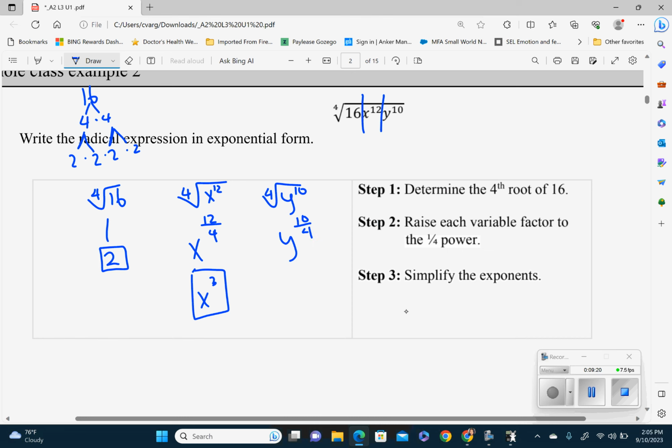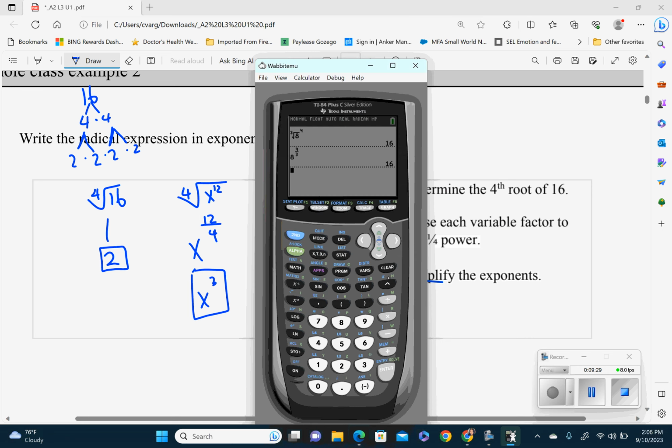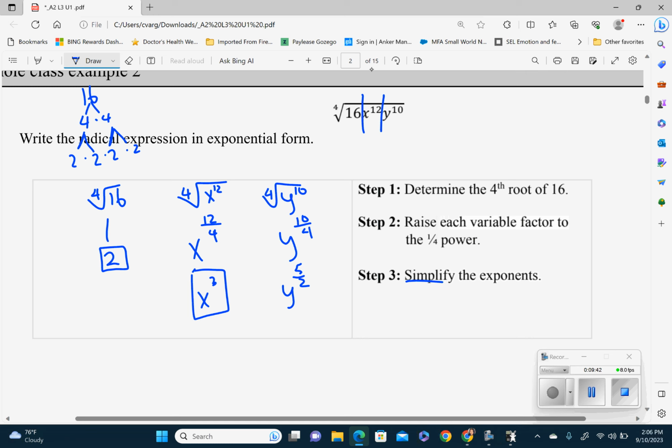If I were to simplify, because it does say simplify the exponents, I can simplify that to 5 over 2. If you didn't know that, you could go alpha y equals, option number 1, 10 over 4, hit enter, and I get 5 over 2. The reason why is because 2 goes into 10 5 times, and 2 goes into 4 2 times.